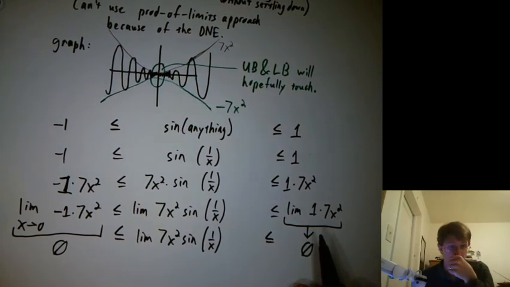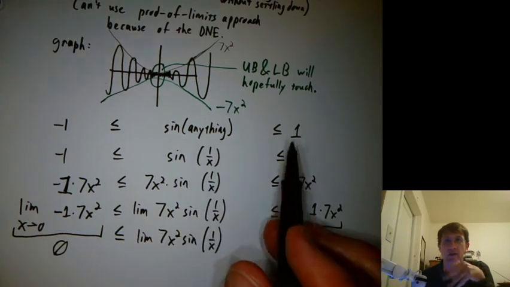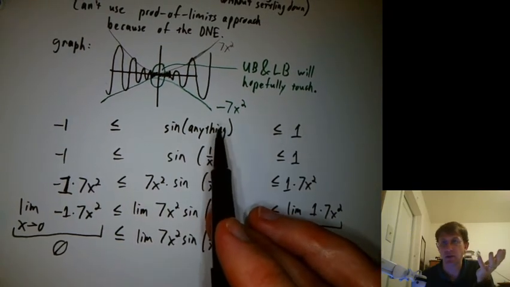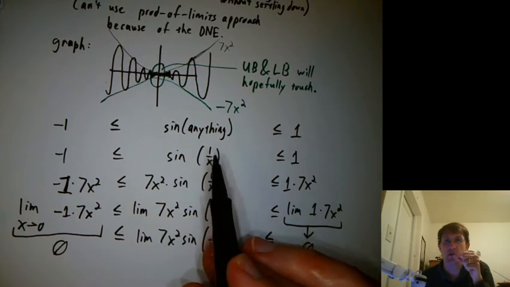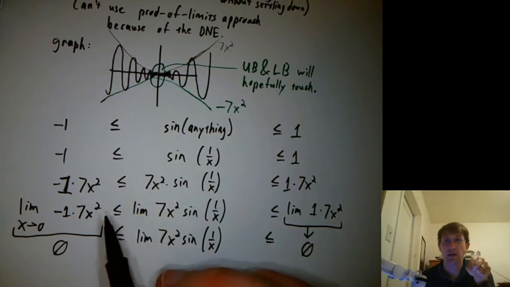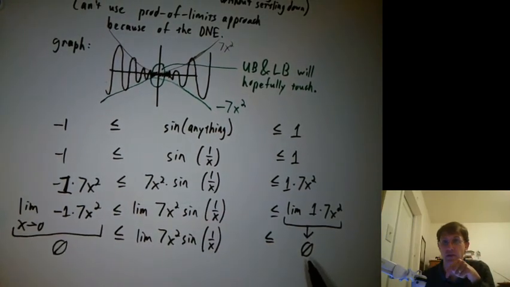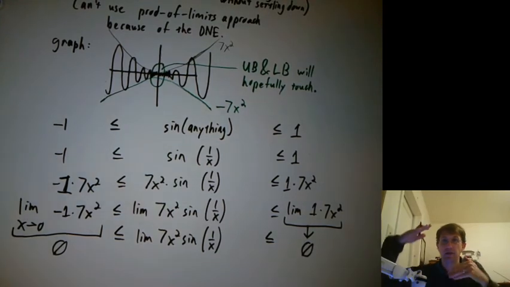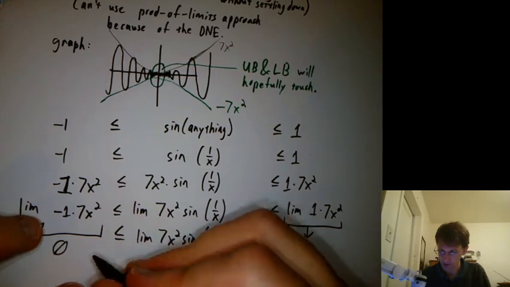So the way we do squeeze theorem problems is we start with a general statement that's true. It's usually some kind of trig function thing. Then we take steps, step by step, to make it look more like the problem we started with. Then we apply a limit in the last step and do the limit. Hopefully that squeezes it down between the upper and lower bound to just one possibility left.